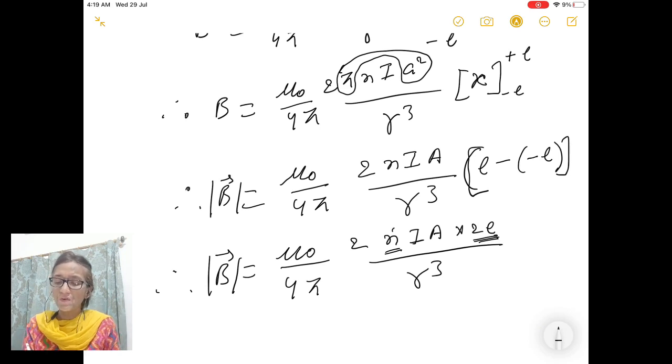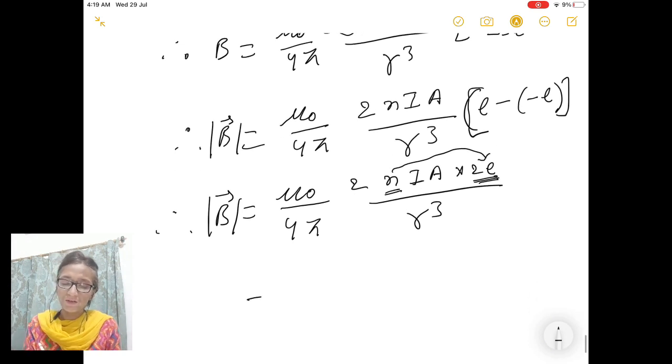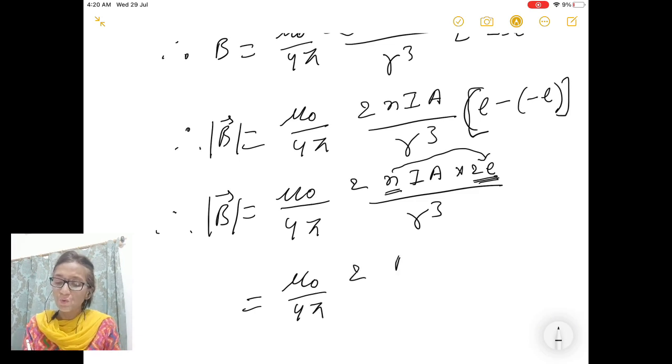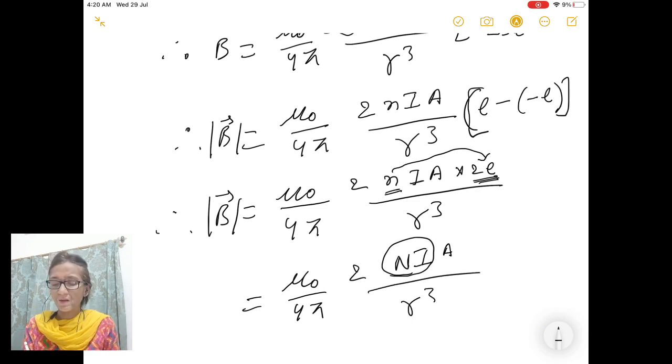Now this 2L is your length, and here n is the number of turns per unit length. So the number of turns per unit length into total length is the total number of turns. So this becomes equal to mu naught upon 4 pi, 2 capital N, total number of turns, I into A, and this is total number of turns into the current in one turn upon r cube.